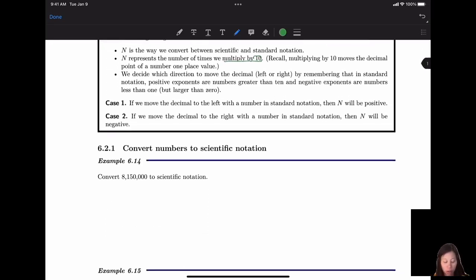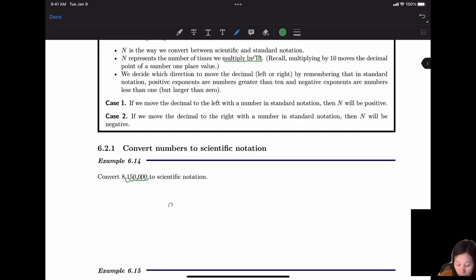So here, you try to convert 8,150,000 to scientific notation. Now let's see how we move it. This is your decimal. We move it from the right to the left: 1, 2, 3, 4, 5, 6. We want to move it here because the coefficient a has to be between 1 and 10.